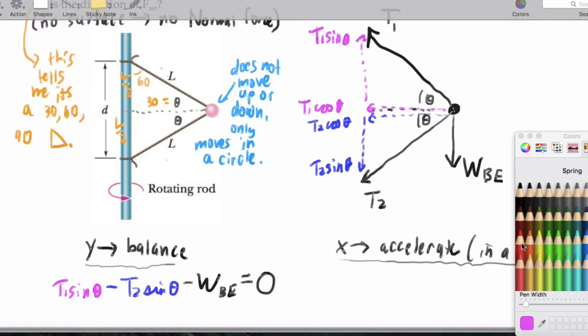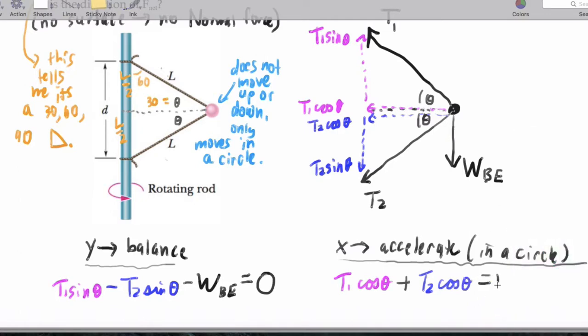Now in the x direction, we're going to have T1 cosine theta and T2 cosine theta. And the effect in their direction is that the ball accelerates in a circle.